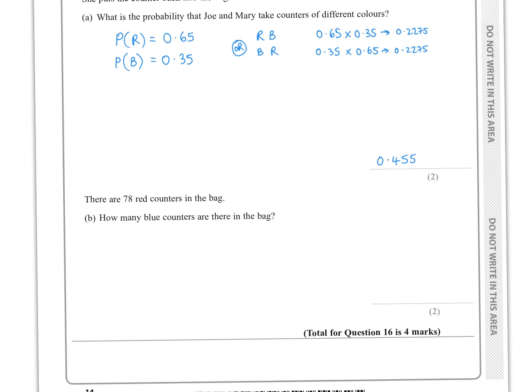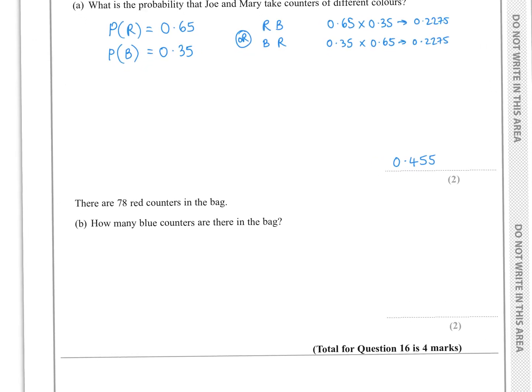Part B says there are 78 red counters in the bag. How many blue counters are there in the bag? Well, the probability of being red is 0.65.